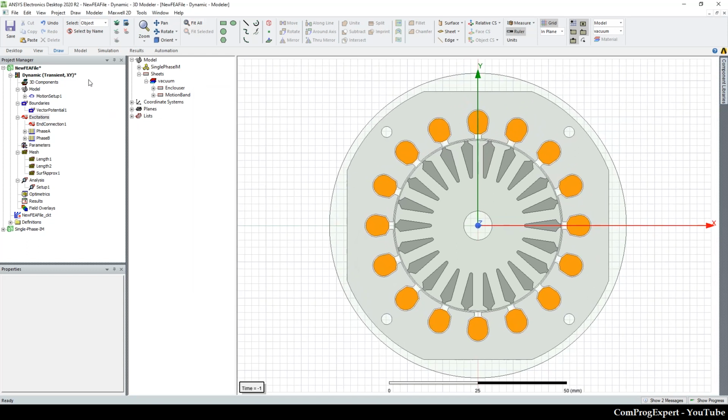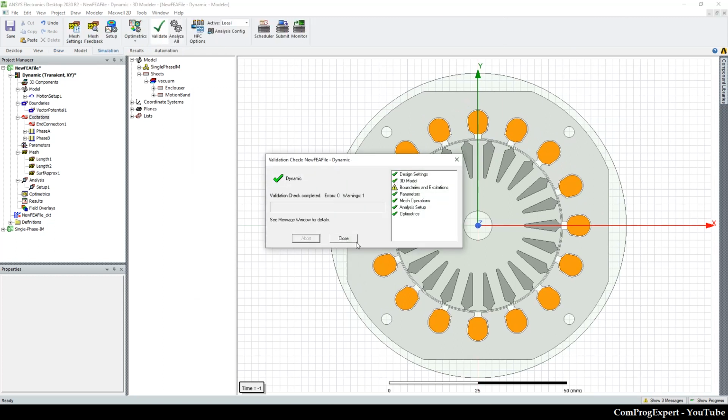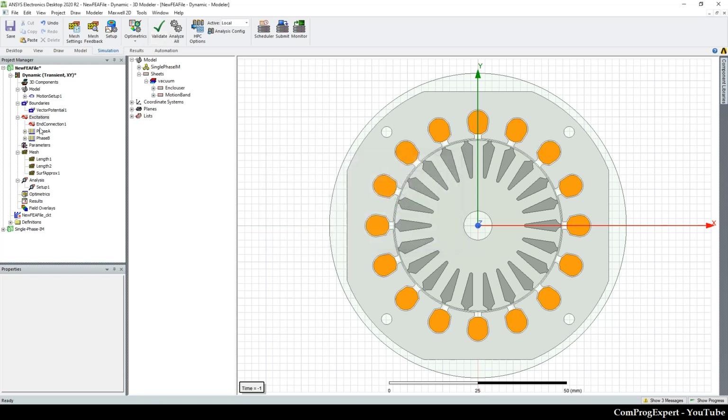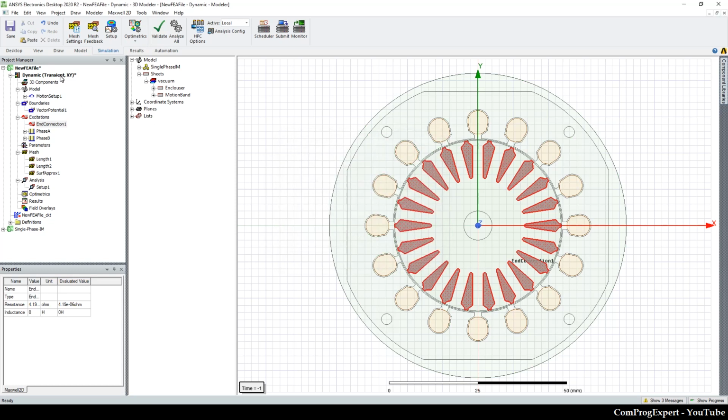So let's validate the settings. And we defined the boundary conditions, excitations, end connection, and windings.